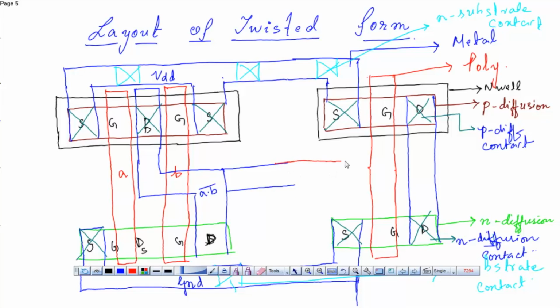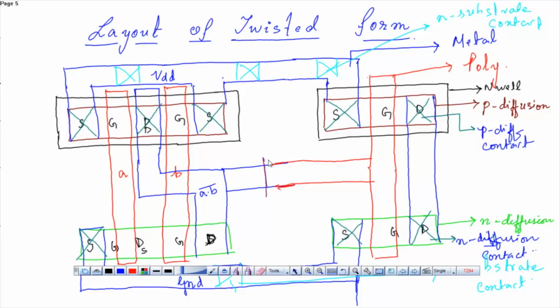Now certainly there will be an overlapping. This is the overlapping portion. How will this poly and metal be in contact? We know we cannot link interlayers. So we have to place a contact. It's a poly contact and it's usually purple in color.